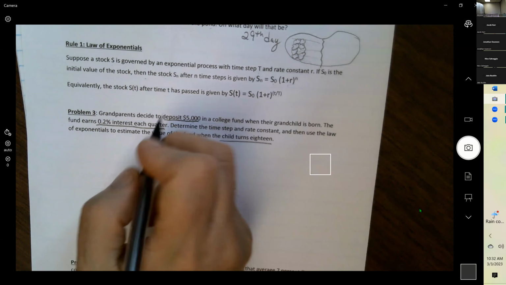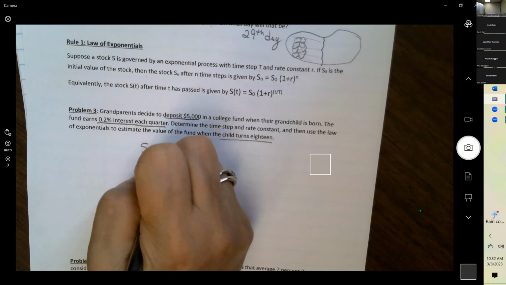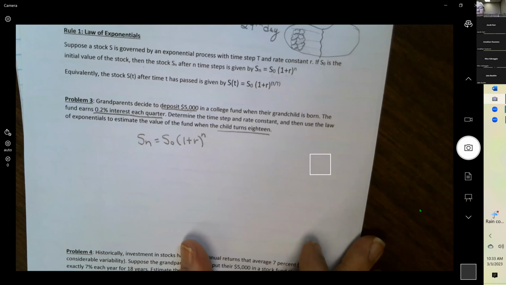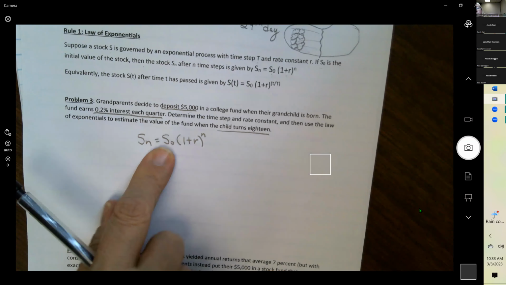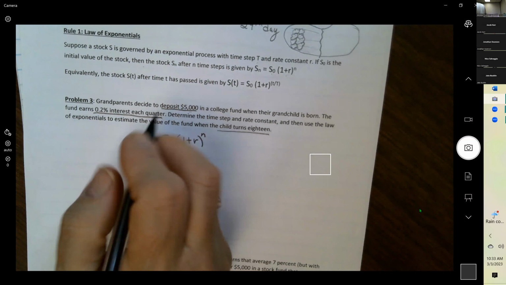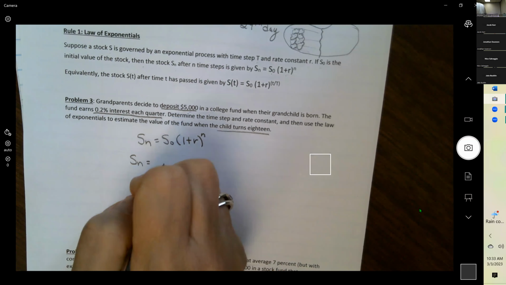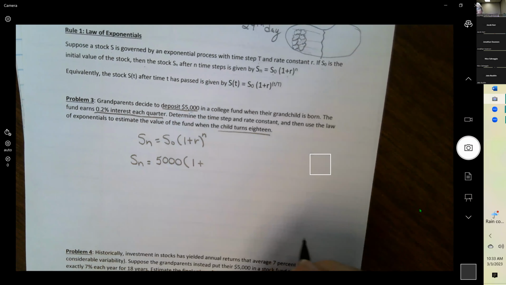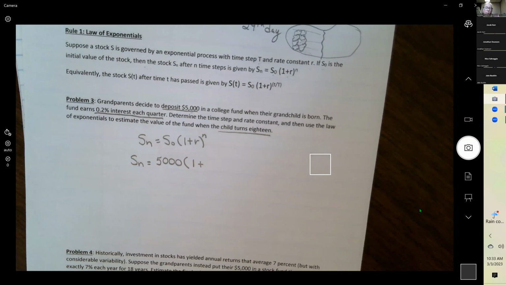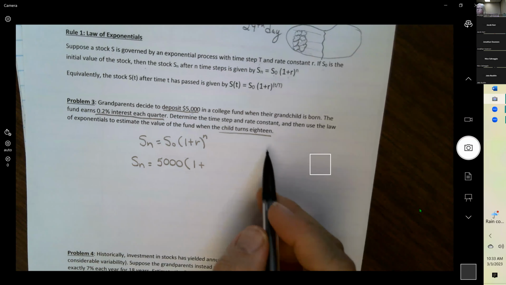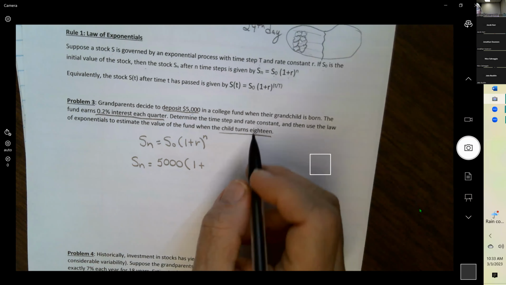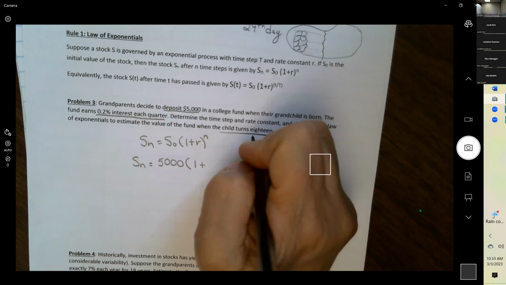If we use the top one, we know S sub 0, that's our starting amount, 5,000. And then we know the rate, 0.2%.